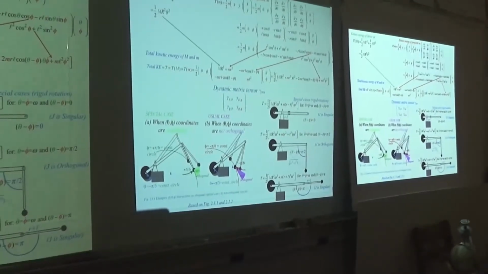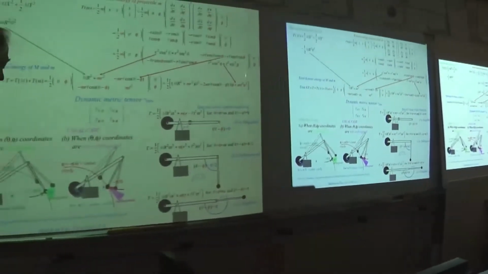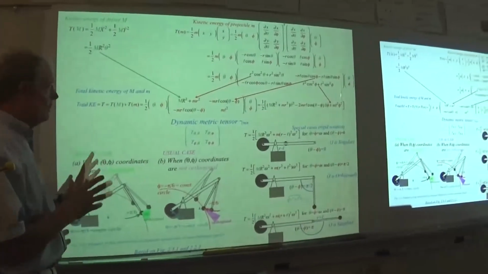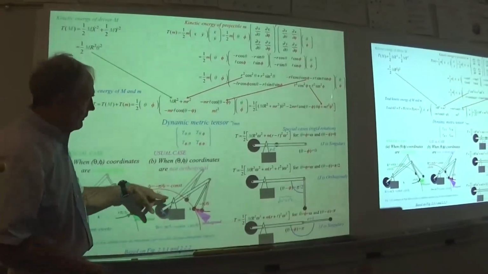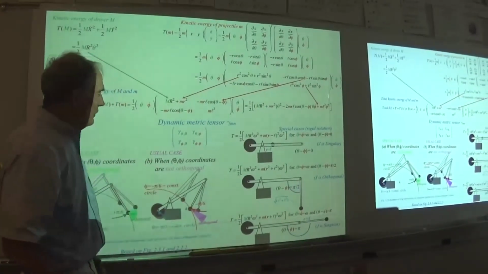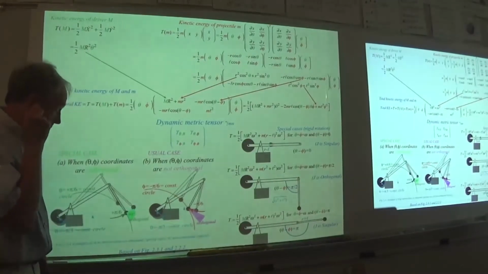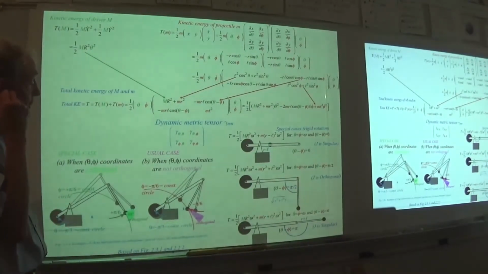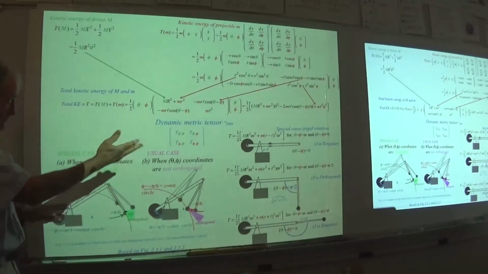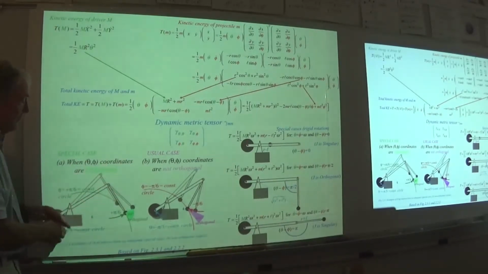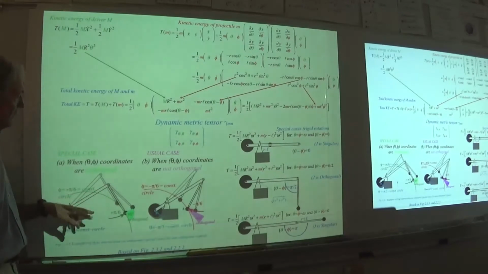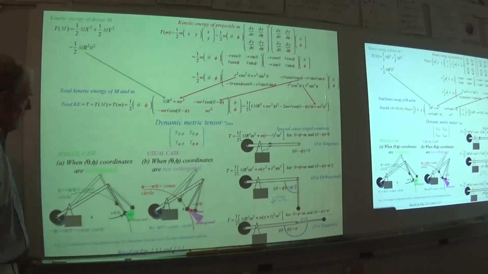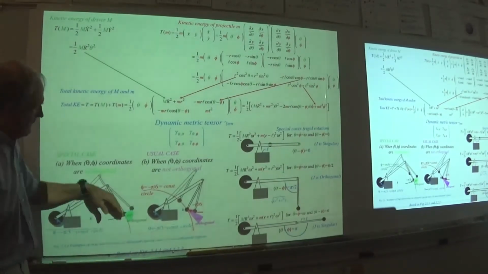So, a usual case is that the coordinates associated with this, the theta and the phi coordinates, are not orthogonal. Now there is probably a brief moment in every one of the trajectories where this is orthogonal to that.